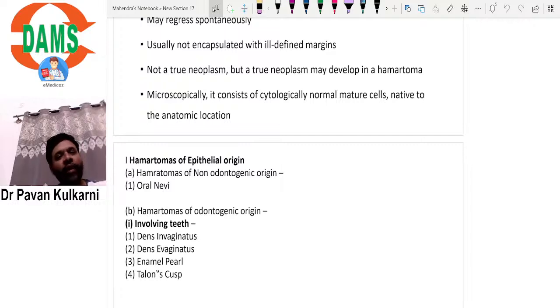Some involve the teeth, some don't. Actually, some books and authors don't accept this classification, but this is a recent classification given by WHO, where WHO says that developmental disturbances of teeth like dens invaginatus, enamel pearl, and talon cusp should also be included as hamartomas.